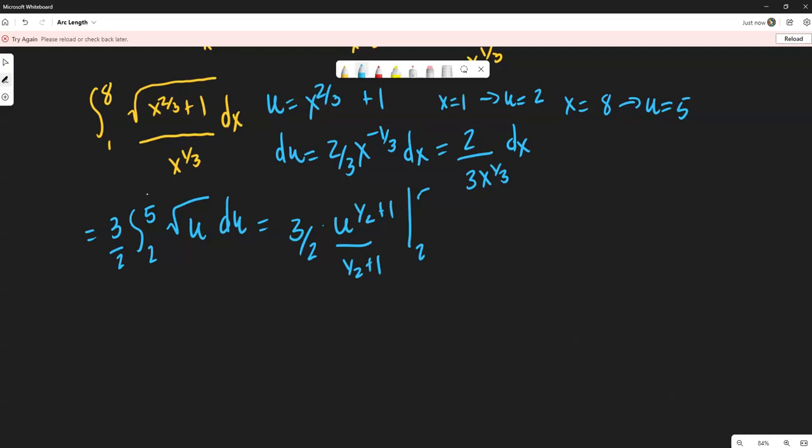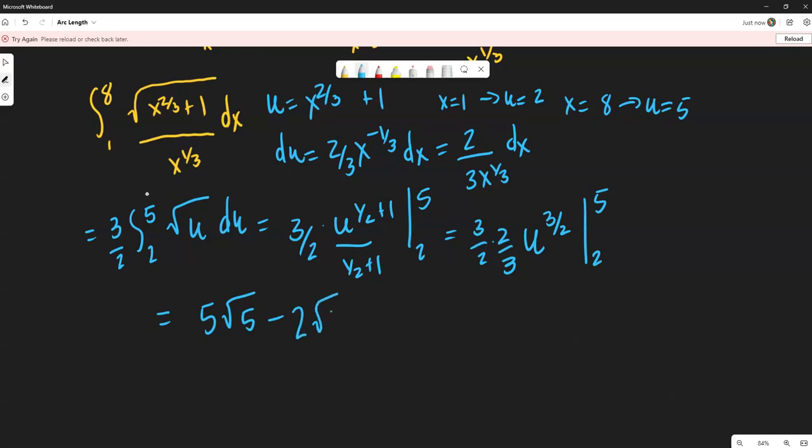All of this is evaluated from 2 to 5, but notice that the 3/2 would cancel out because it's 3/2 times 2/3 multiplied by u to the 3/2 from 2 to 5. What that gives us is that the answer is 5 root 5 minus 2 root 2. And that would be it with respect to the arc length.